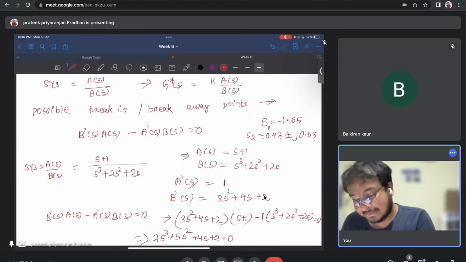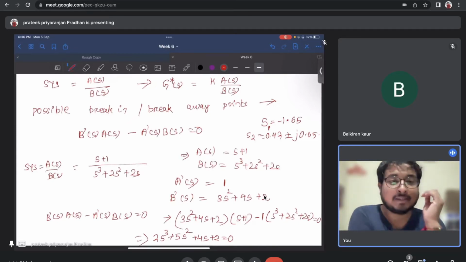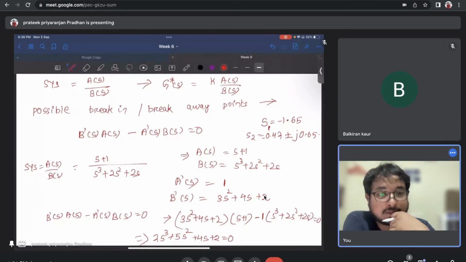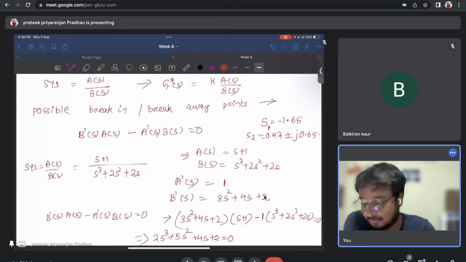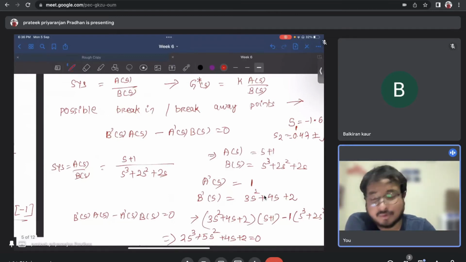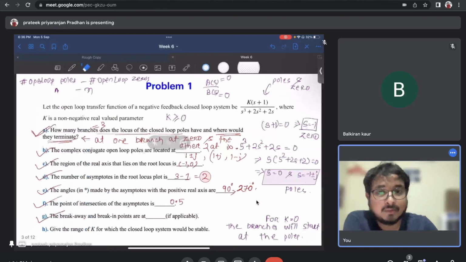So, these are the S1, S2, and S3. Balkiran, just tell me whether you know the root locus method of plotting the root locus steps or not, so that I'll be briefing you about the steps or the question again. It's a fairly straightforward question. Have you gone through the lectures?